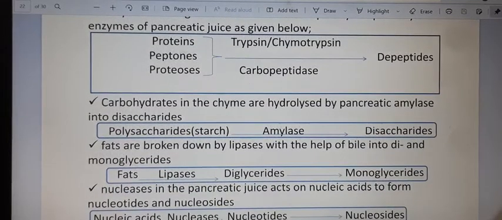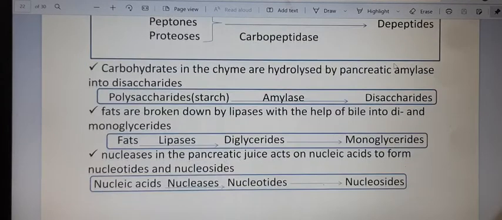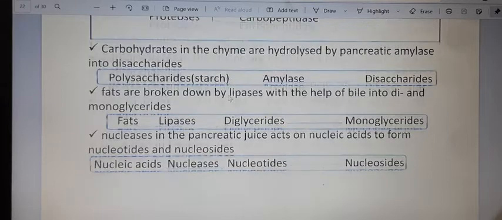And then proteins, proteoses and peptones, by the action of trypsin, chymotrypsin, carboxypeptidases, get converted into dipeptides. Then carbohydrates in the chyme are hydrolyzed by pancreatic amylase into disaccharides.